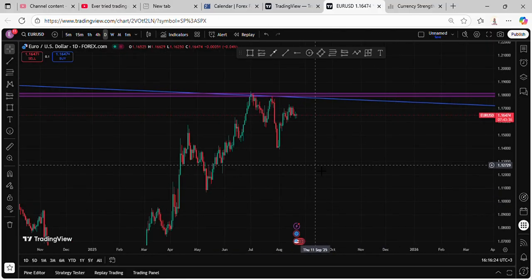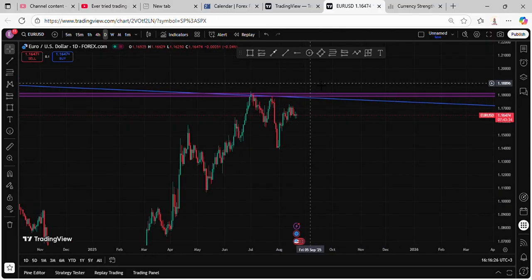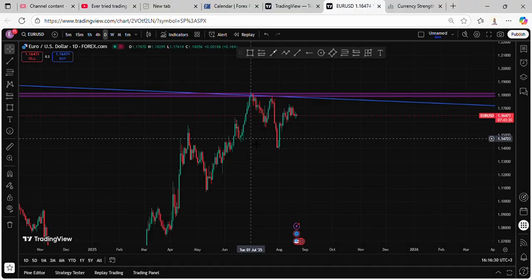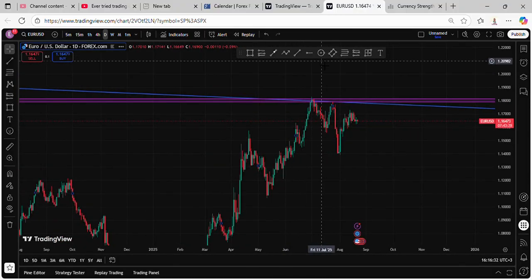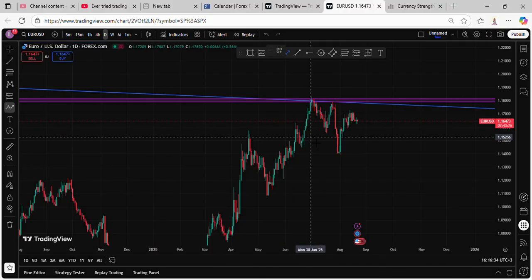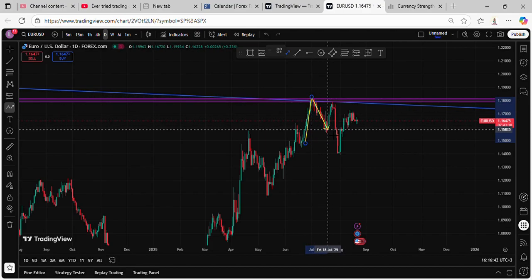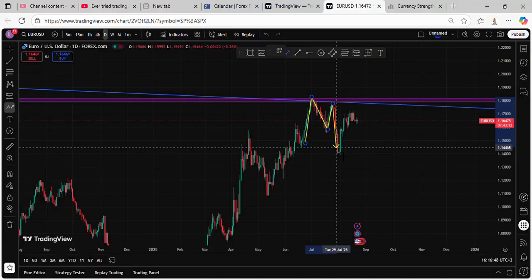Look at it, our third touch: the market came like this, tapped our support, retraced, and went up again but never broke above that. Again it dropped.